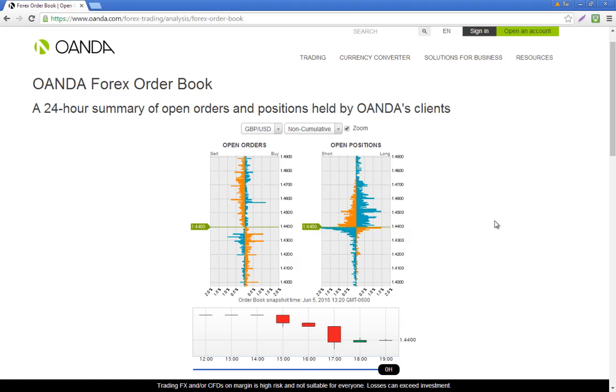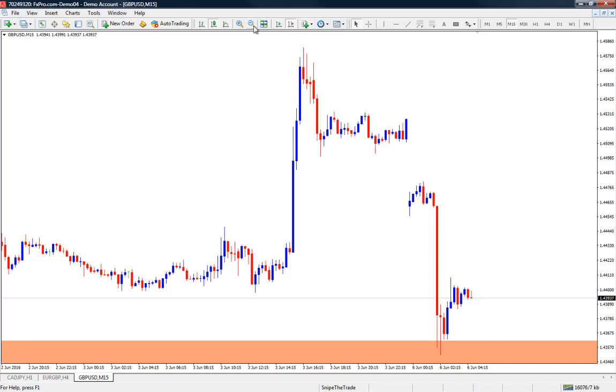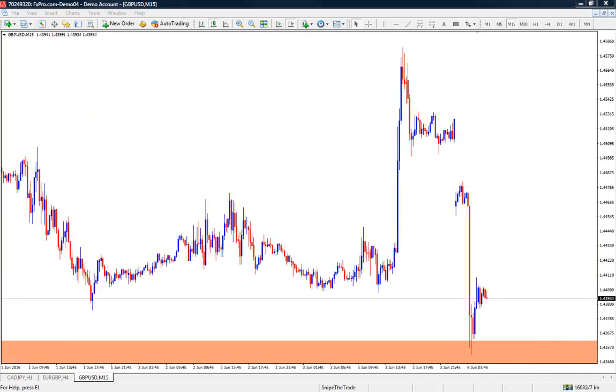This means that the pressure is still on the downside, but we do have a block of orders here, our demand zone, that price has to go through or absorb before going lower. And this is how you are going to correctly find supply or demand zones with the order book.